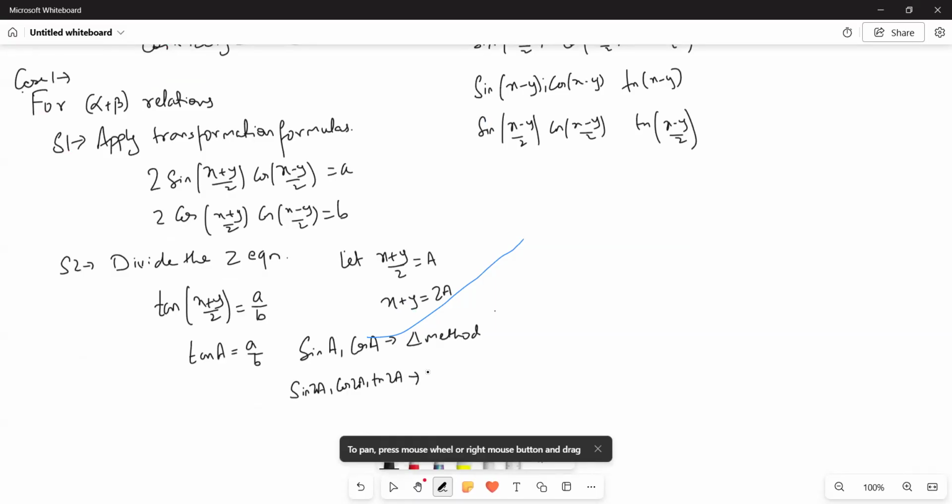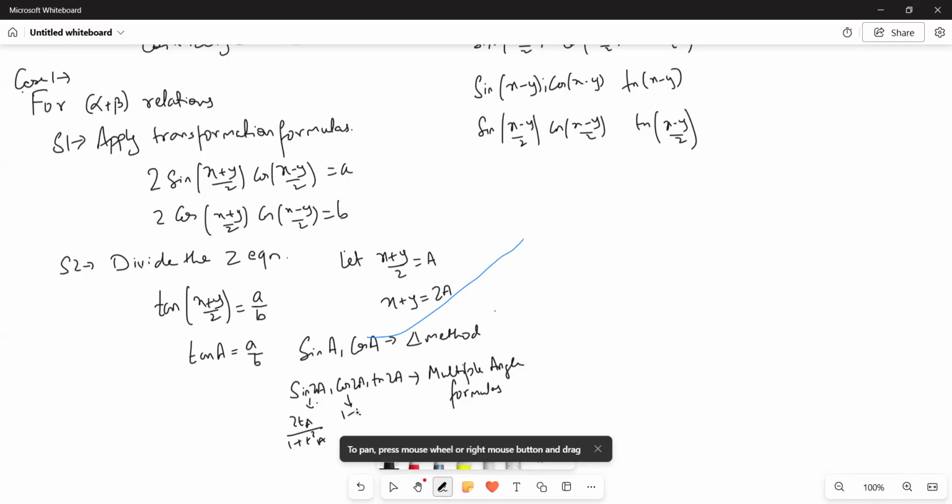For this, we apply the multiple angle formulas. Sin 2a is 2 tan a by 1 plus tan square a.